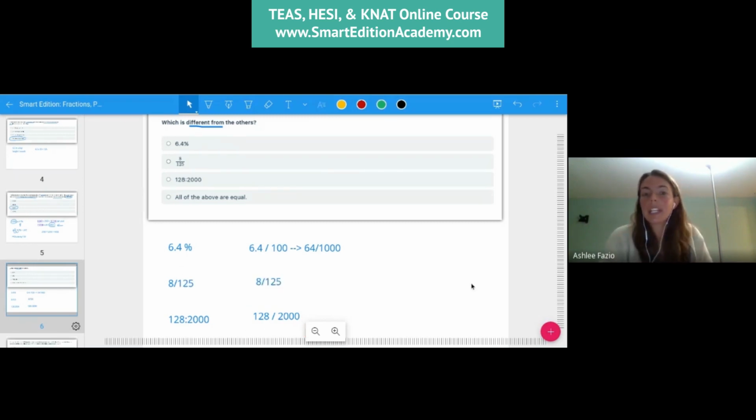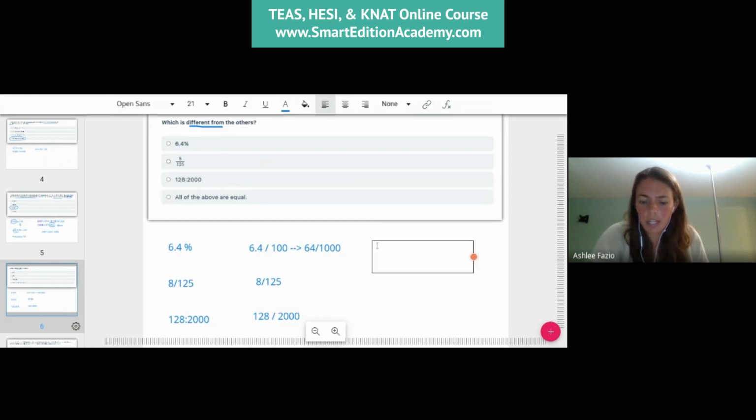Okay, a really quick, easy way to do this is to use your calculator. A fraction symbol really just means divide. So if I take each of these and just divide the top by the bottom, I will either find that there's one that's different or they're all the same. So 64 divided by 1,000, I'll write this off to the side so that you see what I got for each one.